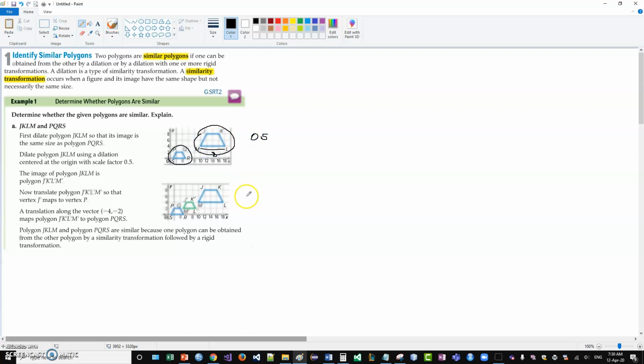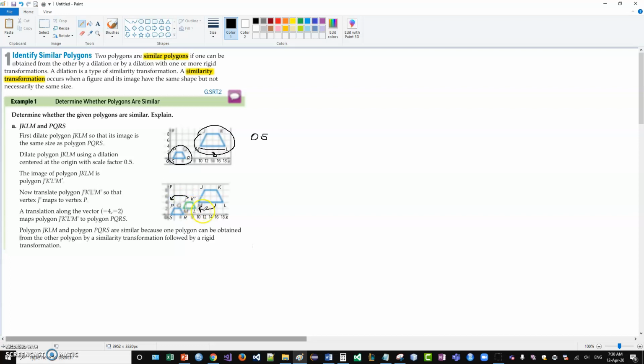Okay. Now we do this in 2 steps. First, we dilate this by half to get this. And then how do we get from this to this? We do a rigid transformation.